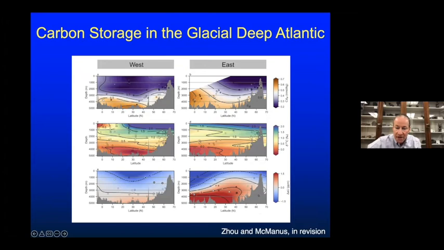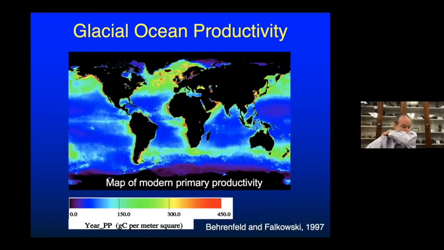Yusin shows that in the deep Atlantic, there also was greater deposition of uranium, implying lower oxygen, requiring greater carbon storage. So it seems that the deep ocean had more carbon. How did it get there? Why did it stay there?